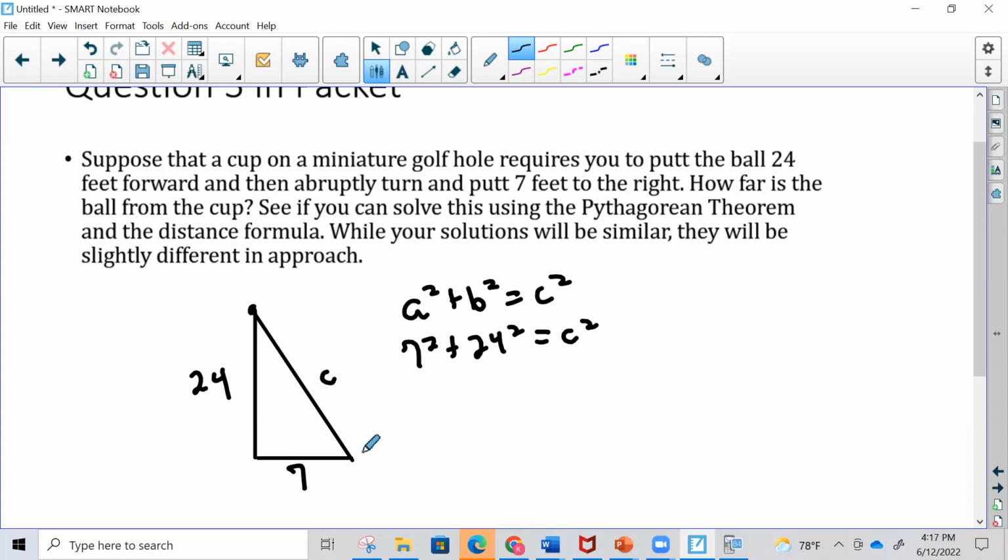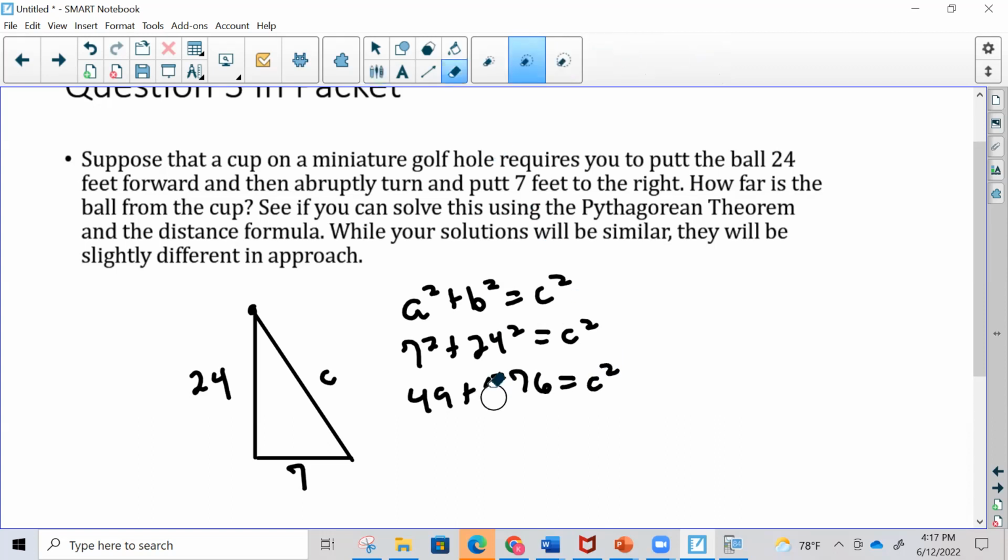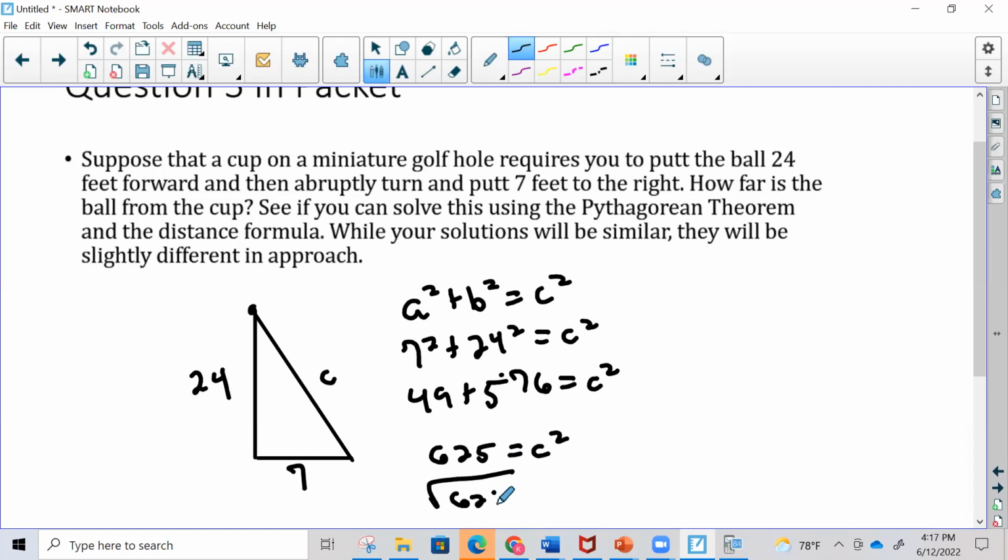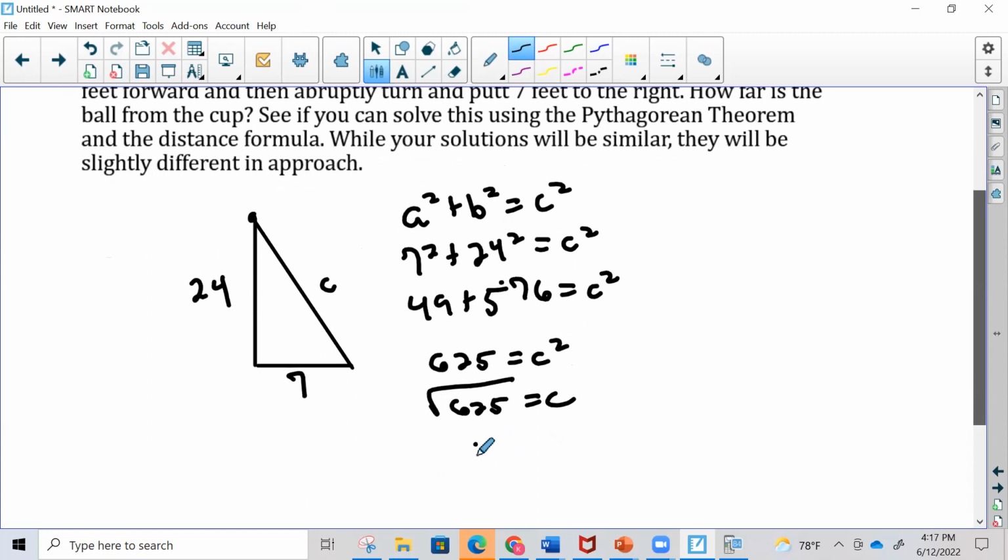We're trying to find the length of that hypotenuse, and then we get 49 plus 576 equals c squared. That gives us 625 equals c squared. If we take the square root of 625, that will give me that distance, and that is 25. So that's the standard Pythagorean theorem.